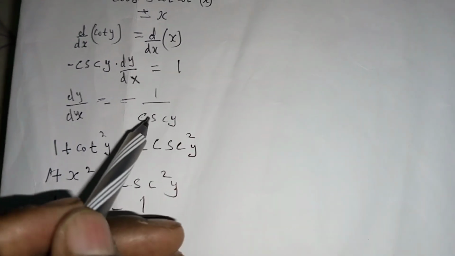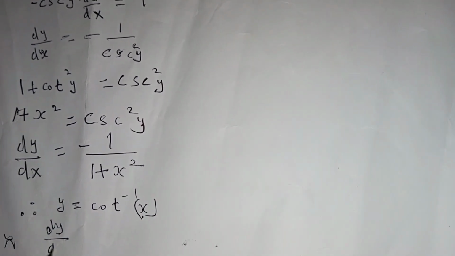We come up there, up here, whereby we have dy over dx is equal to negative 1 divided by cosec squared of y, and we substitute with the 1 plus x squared.